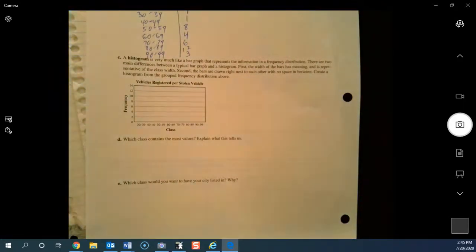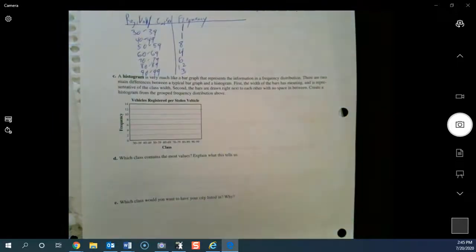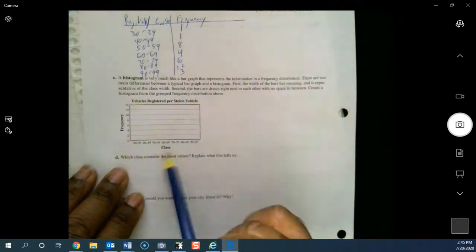Second, the bars are drawn right next to each other with no space in between. Create a histogram from the group frequency distribution above. So we're using our information from above, and you notice here that our graph is set up with the x-axis and the y-axis. So we have the class and we have the frequency.